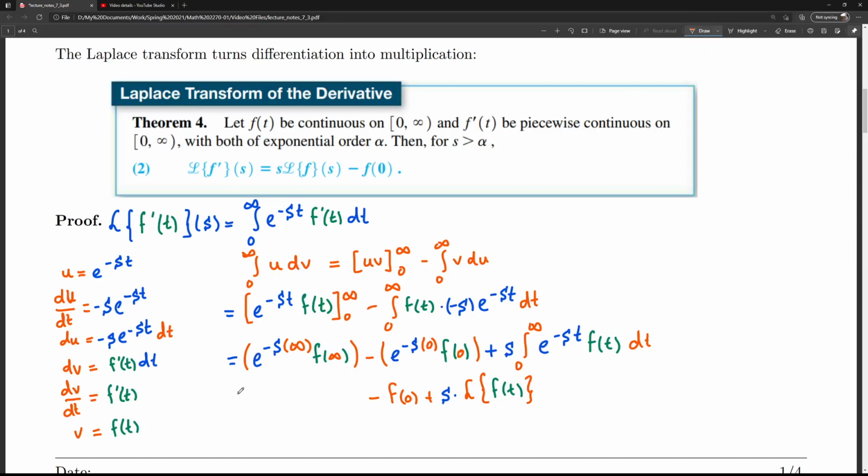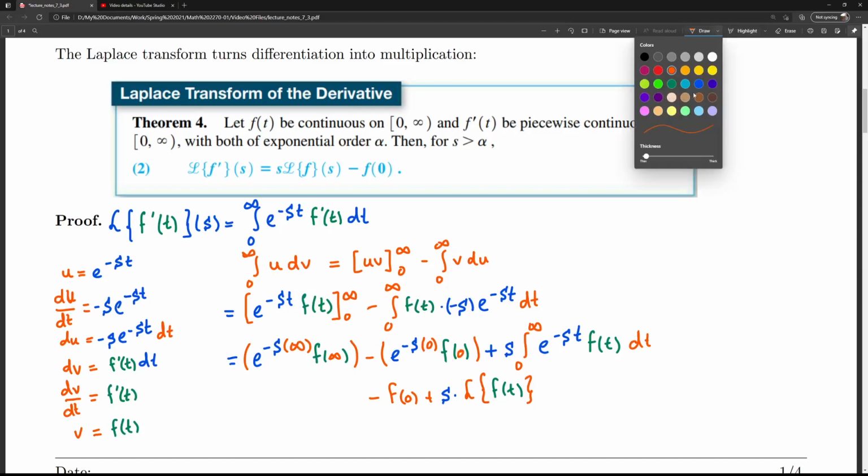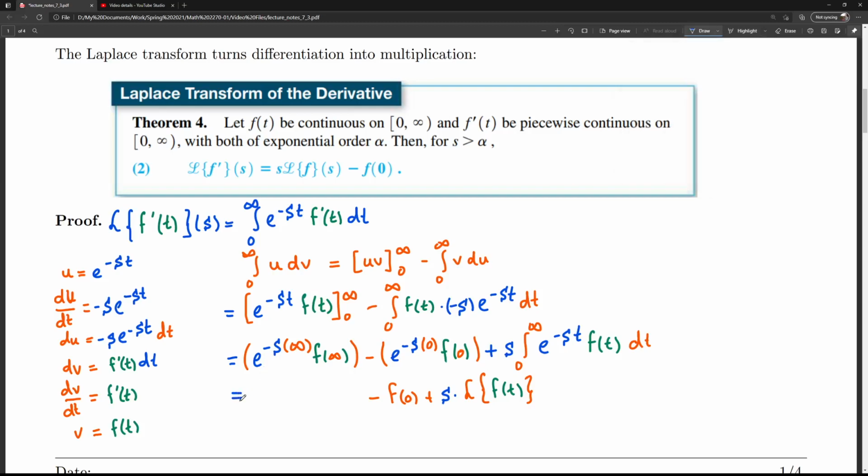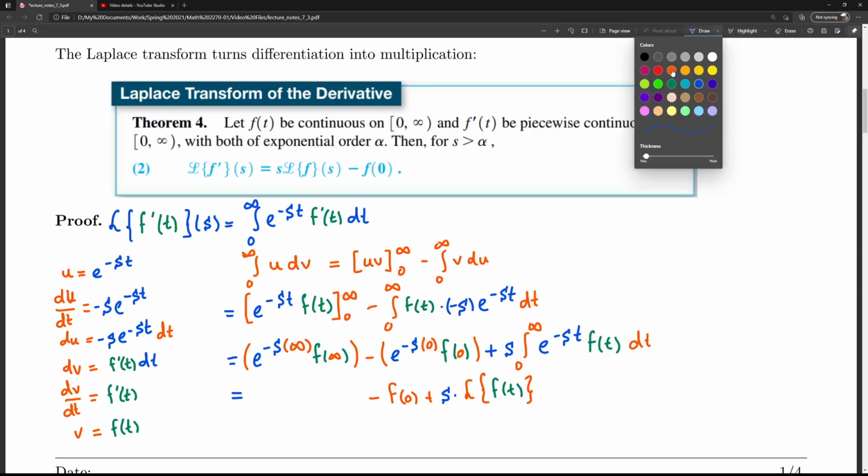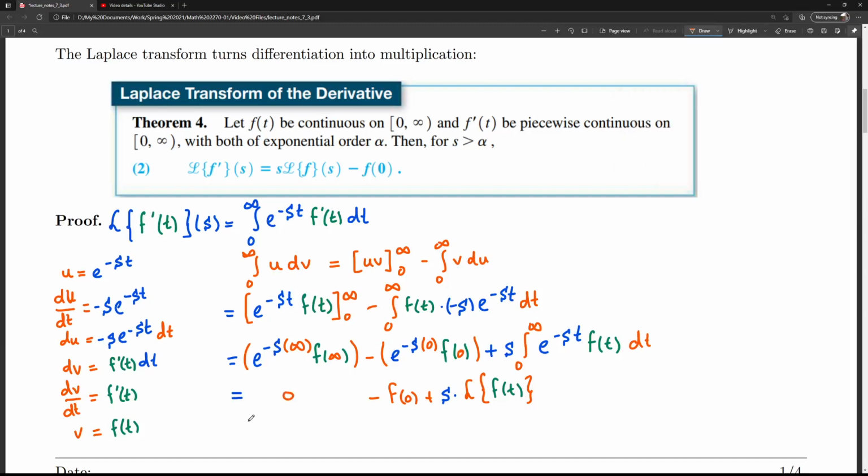So the short answer is that that first part is 0, as long as s is greater than alpha. And again, that follows from the fact that f is of exponential order alpha, and it cannot grow too fast. And so as long as you make s bigger than that, this whole thing will go to 0.